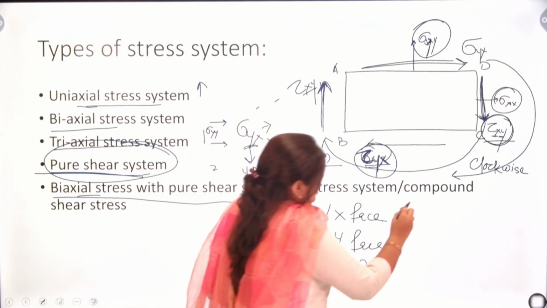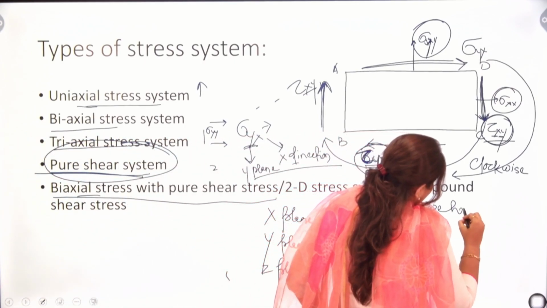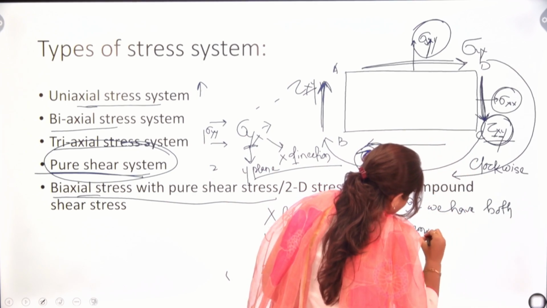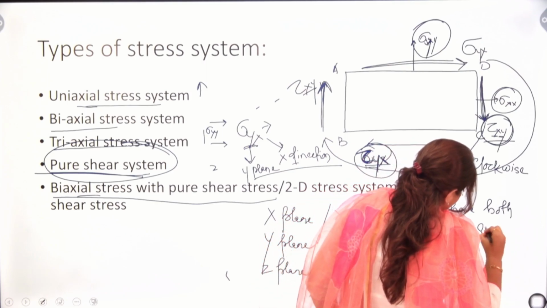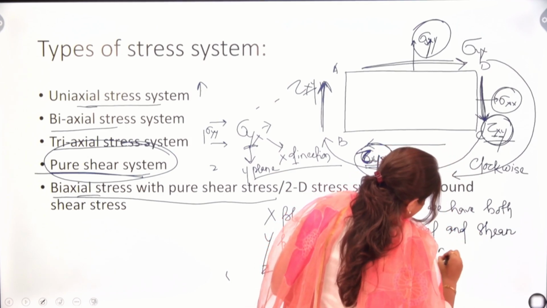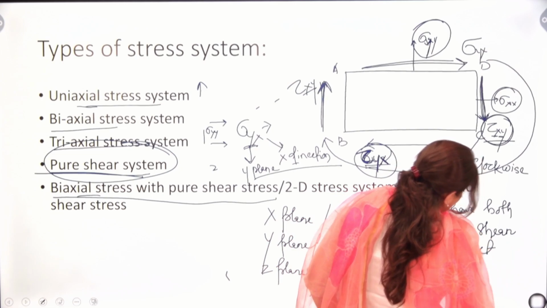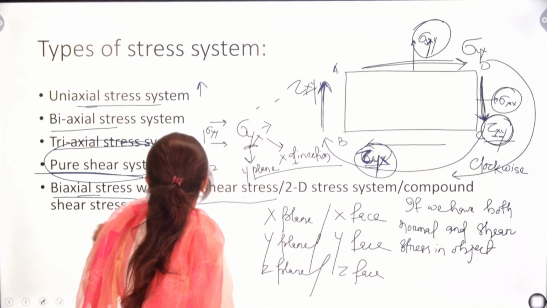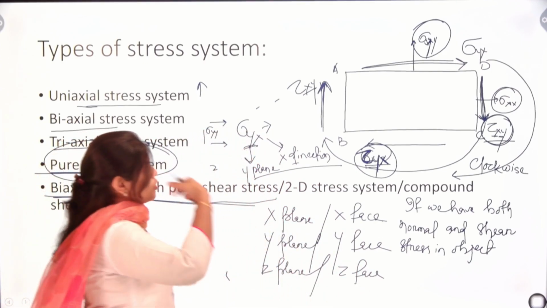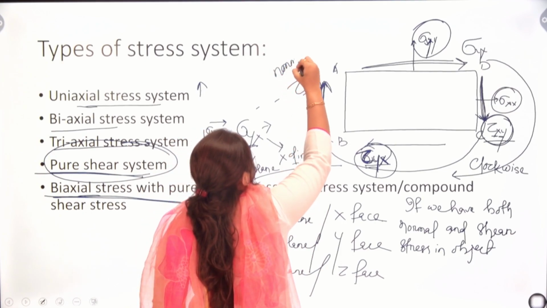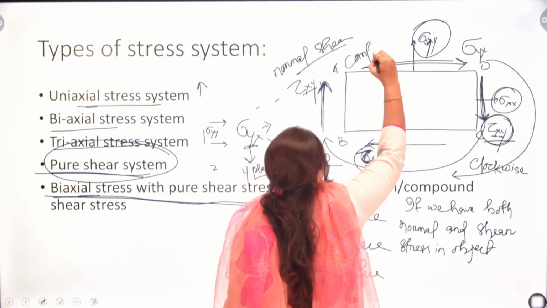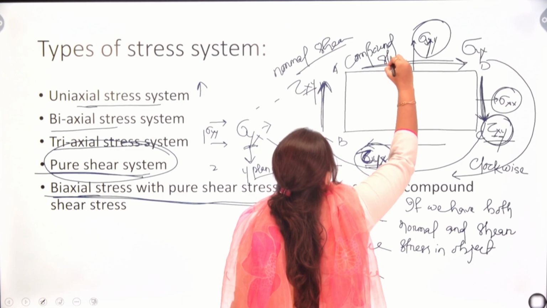If we have both normal and shear stress in one object, we will term that a biaxial stress with pure shear stress system. Also, if both normal and shear stresses are there, we will term that compound stress.